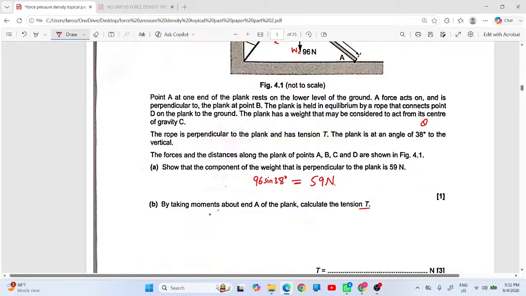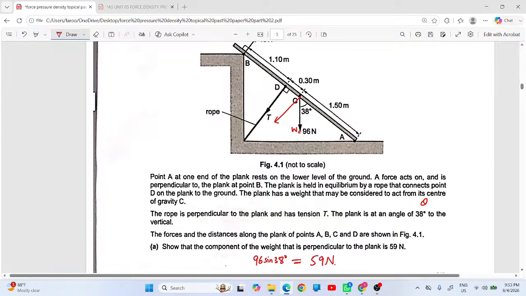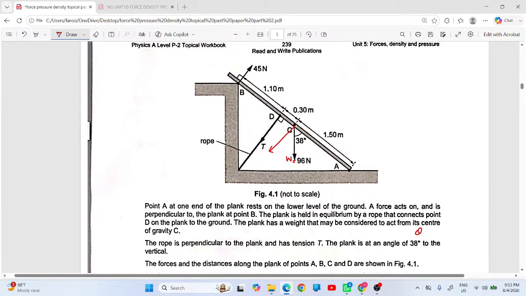By taking moments about A of the plank, calculate the tension. Tension is, clockwise moment equals anti-clockwise moment. So clockwise moment is due to, किसको उन्होंने पिवट लिया था, the point A acts as a pivot. ठीक है, this one is the fixed point.